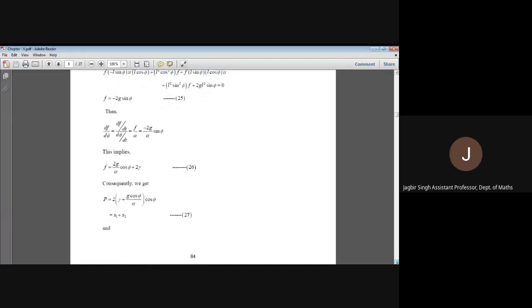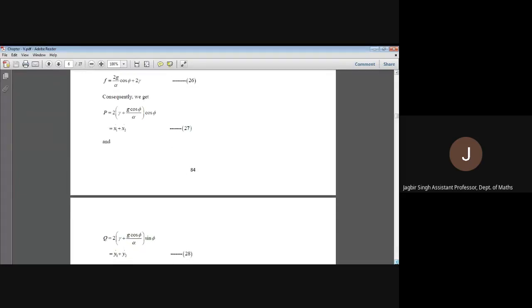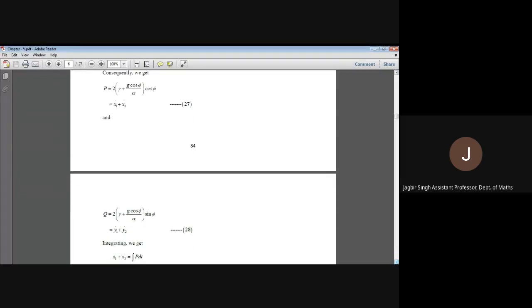Now replacing the value of F in P and Q, we will have P is equal to this quantity, and P is x1 dot plus x2 dot, and Q is equal to the value of F into V. It is this quantity, that is y1 dot plus y2 dot. Now we have the values of x1 dot plus x2 dot and y1 dot plus y2 dot.